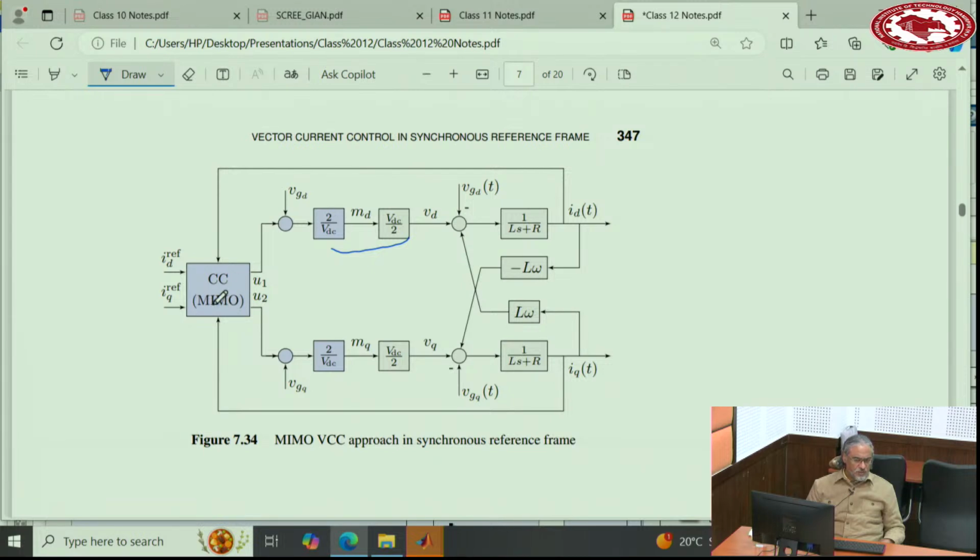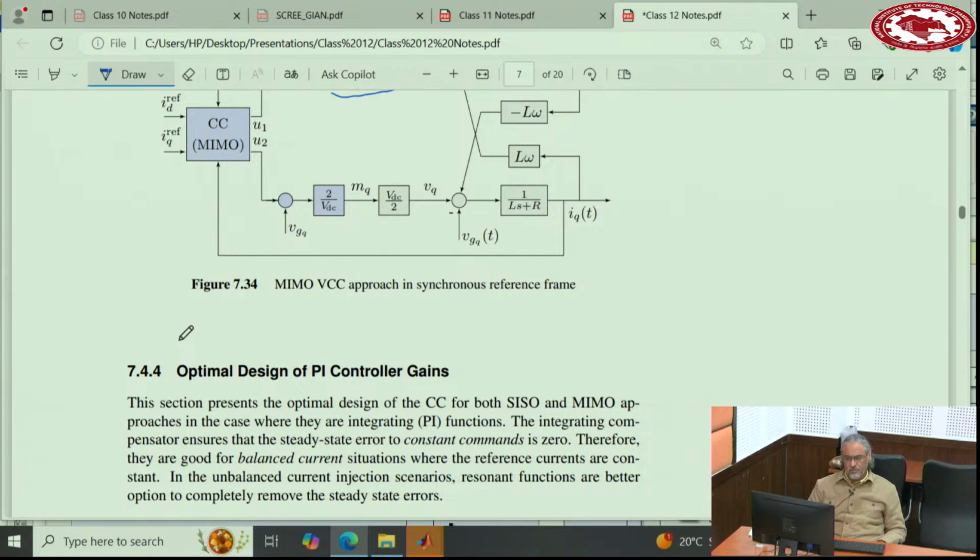And inside the controller it is not two separate channels. They are also linked together completely. And then it generates U1 here, U2 here. So this is the MIMO approach.